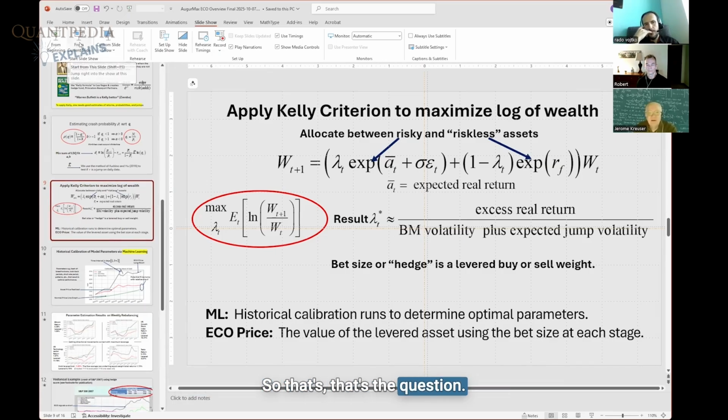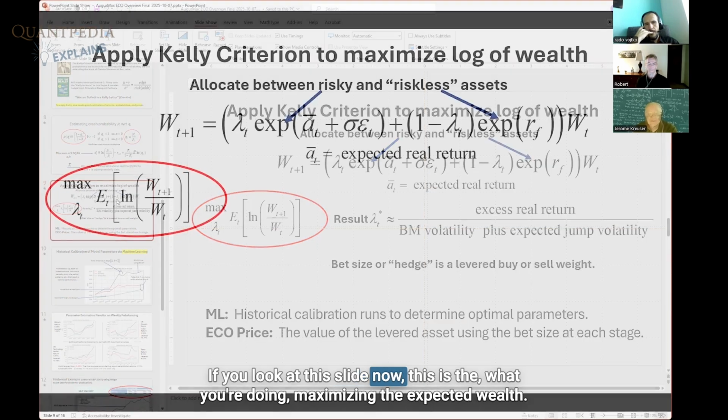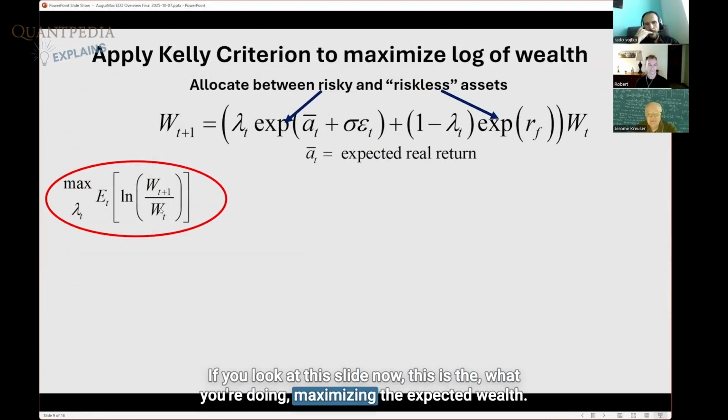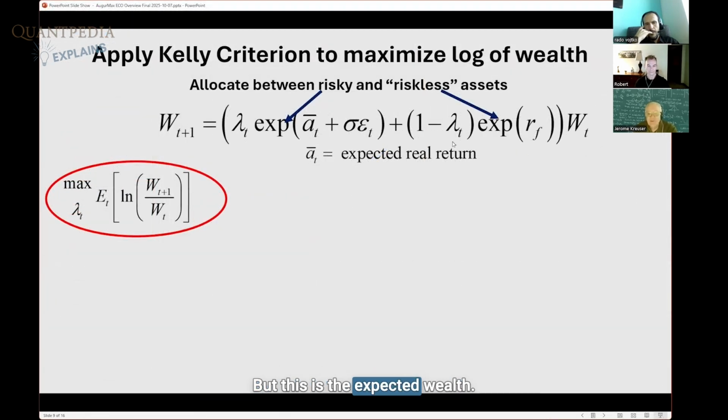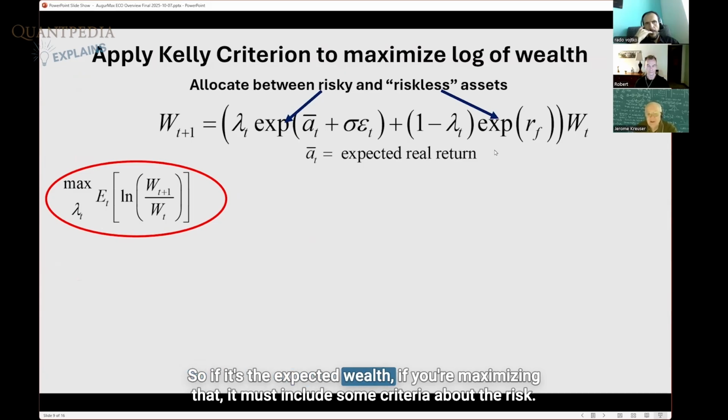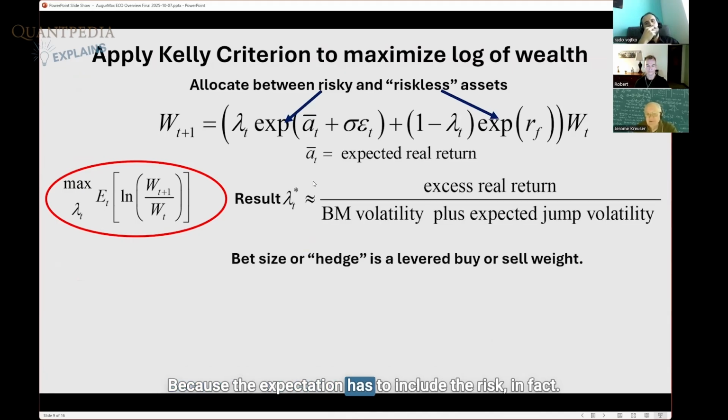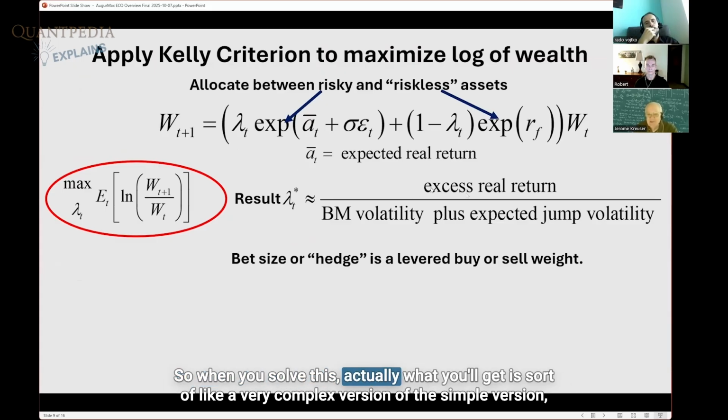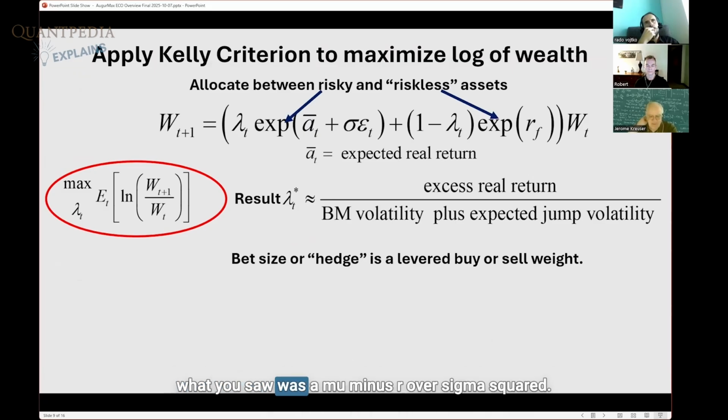If you look at this slide, this is what you're doing, maximizing the expected wealth. If you're maximizing that, it must include some criterion about the risk, because the expectation has to include the risk. In fact, when you solve this, what you get is a very complex version of the simple version you saw, mu minus r over sigma squared.